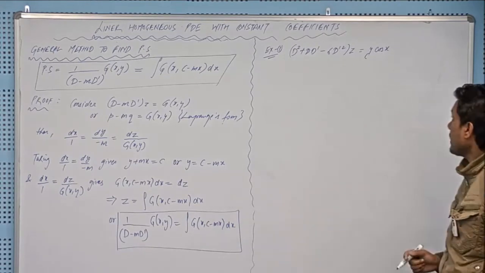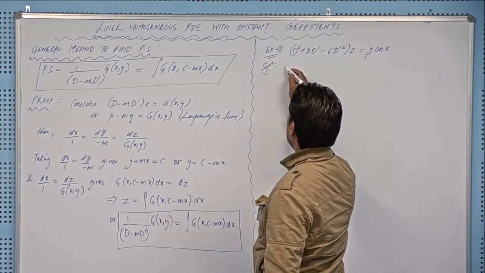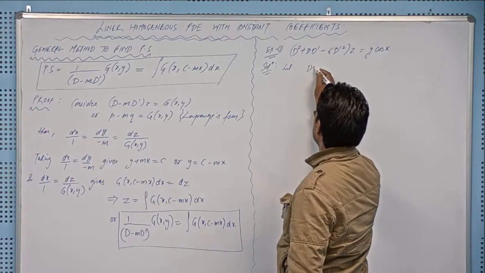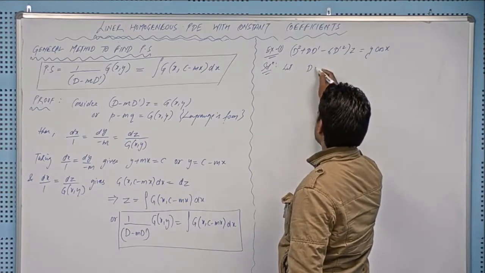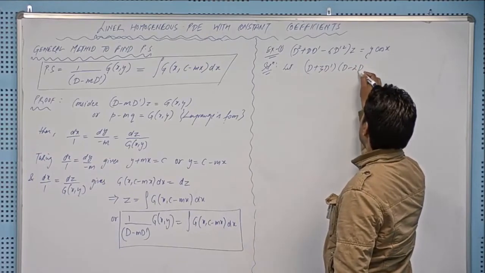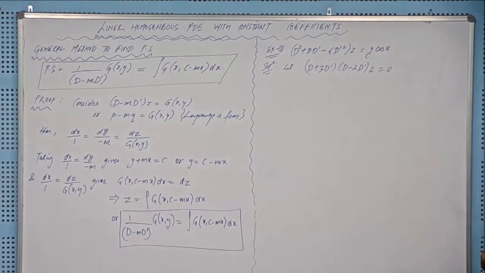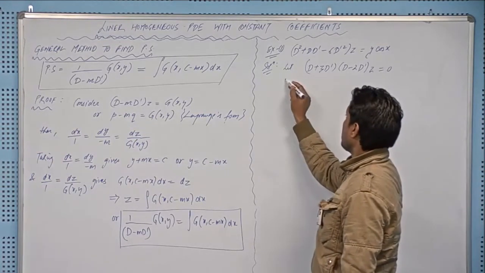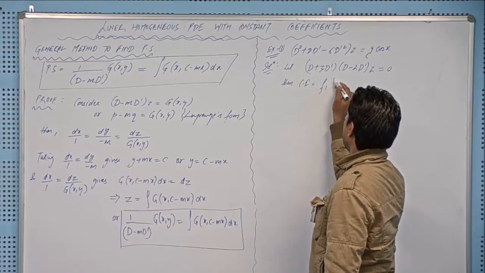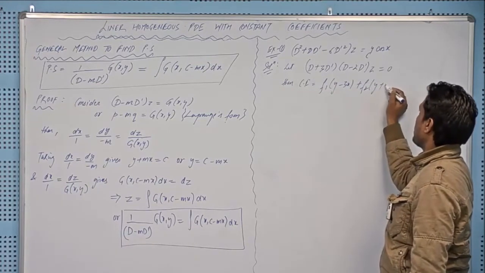Okay, then solution. Let me factorize it first. D, I need minus here and plus here. (D plus 3D dash)(D minus 2D dash) z equal to 0. Correct, right? Now writing its complementary function, CF is equal to f1(y minus 3x) plus f2(y plus 2x).